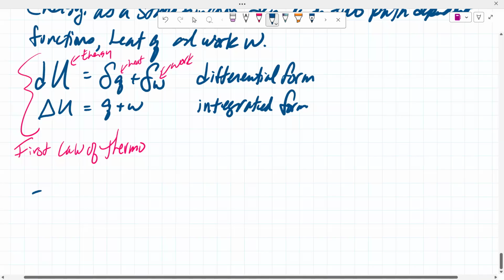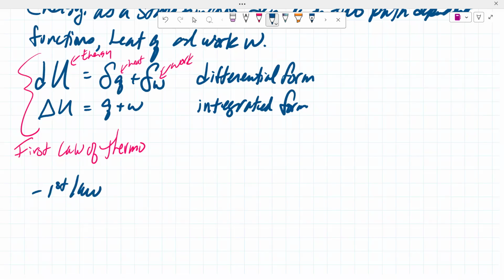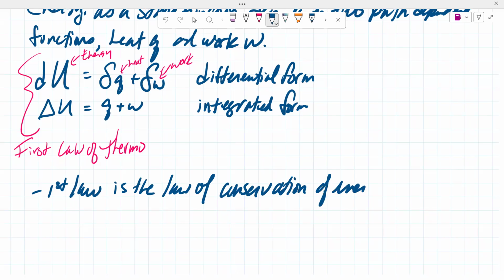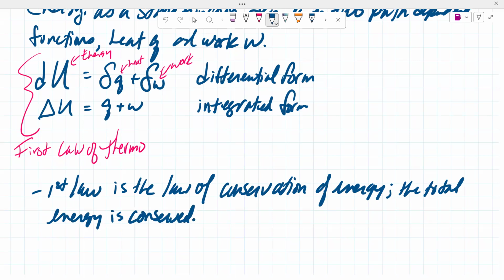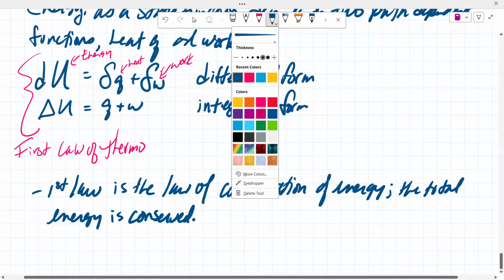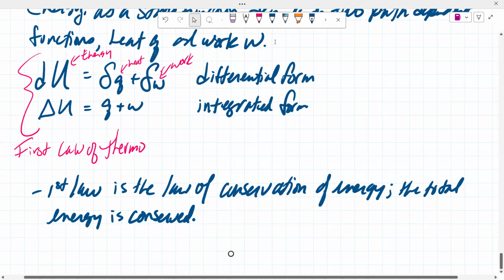The first law is the law of conservation of energy. Total energy is conserved. And hopefully that intuitively makes sense to you.